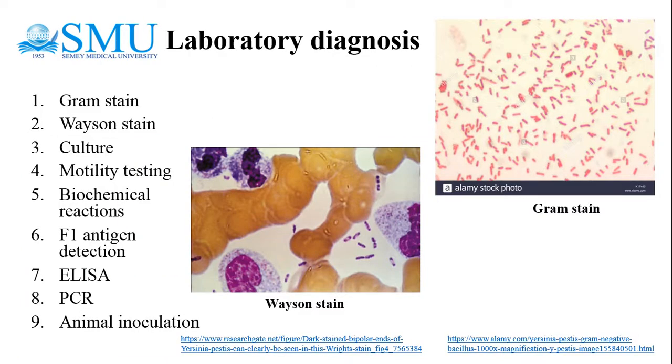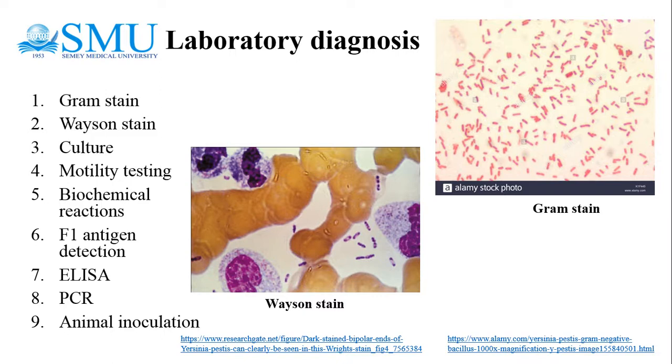For the laboratory diagnosis, we use Gram stain, Wayson stain, culture method, motility testing, biochemical reaction, F1 antigen detection, enzyme linked immunosorbent assay, polymerase chain reaction, and animal inoculation. First, specimen collection.